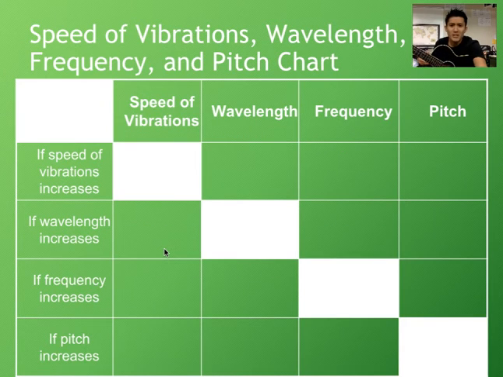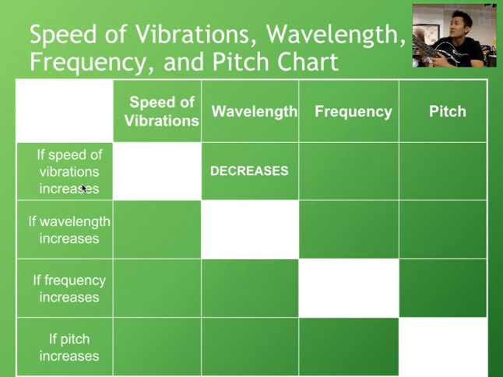Okay. So here's a chart of all those things. For example, speed of vibrations. If I increase the speed of my vibrations, what's going to happen to my three variables here: wavelength, frequency, and pitch? If I make my vibrations faster, the wavelength is going to decrease.